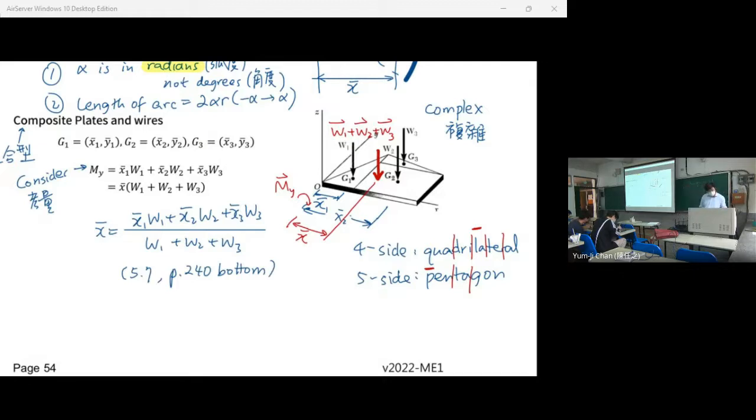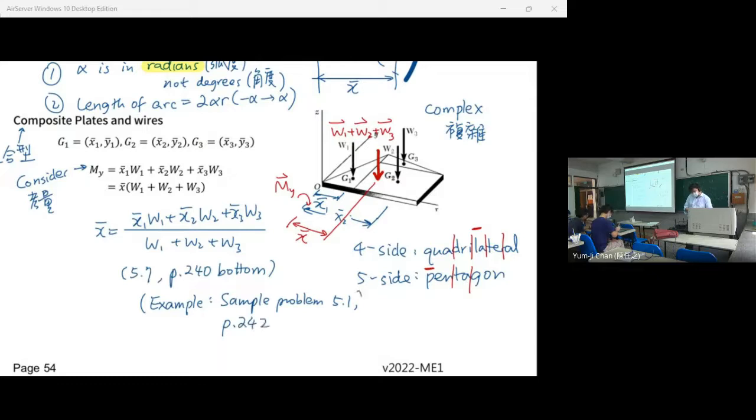And to use this equation, look at sample problem 5.1 on page 242.